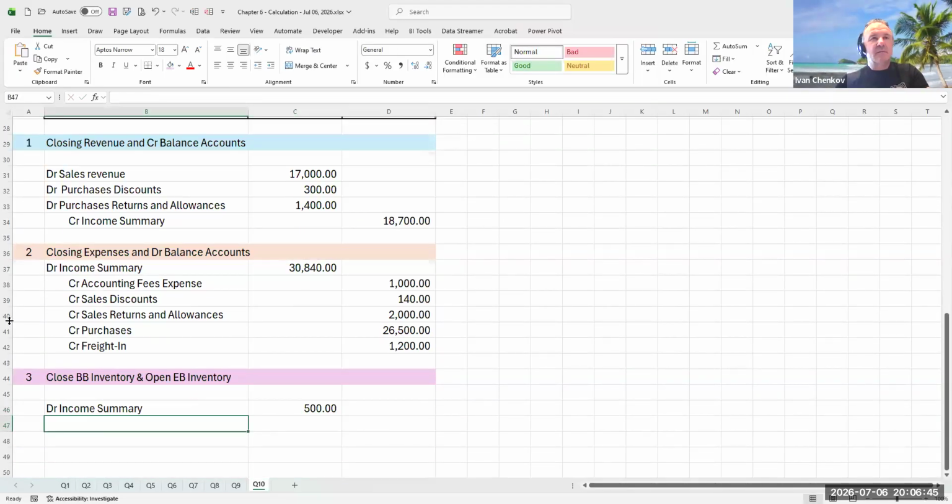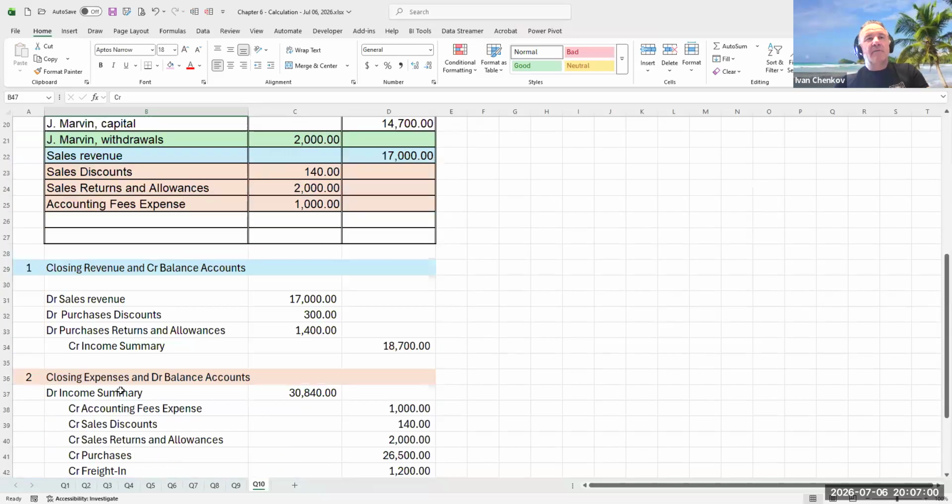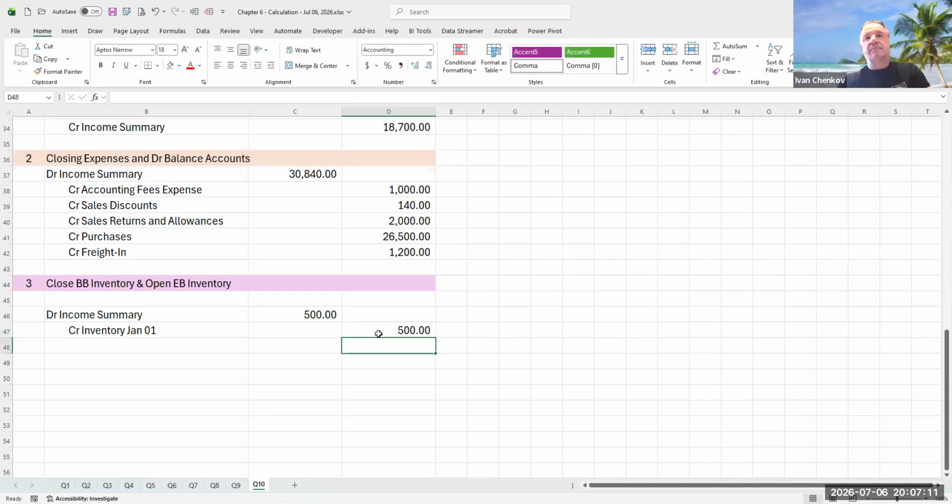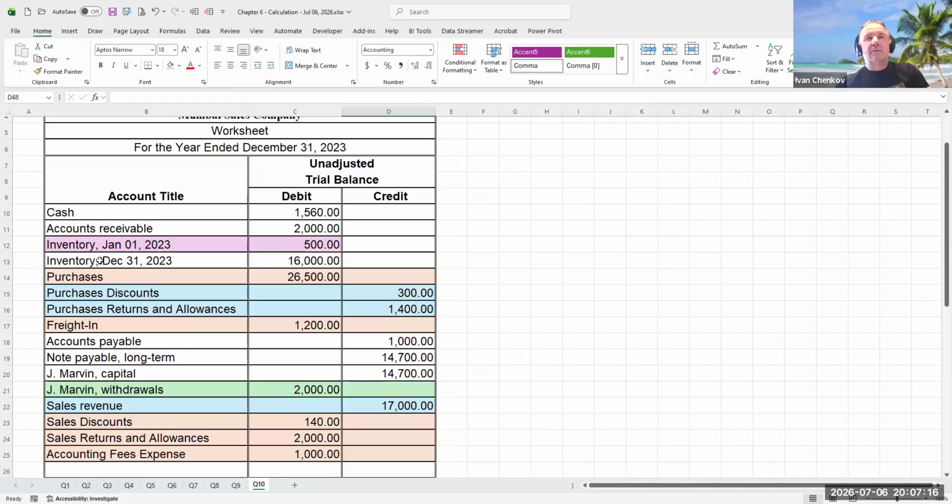And I'm going to credit my inventory on January 1st with the same amount, $500. Then I have to open the ending balance of the inventory.